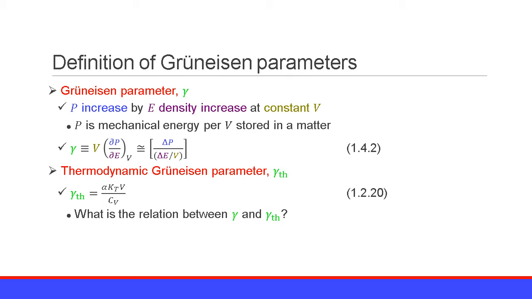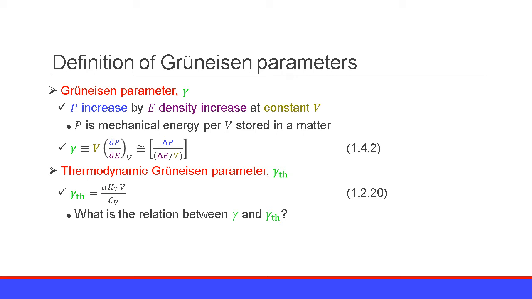Why do we say not simply the internal energy, but the density of the internal energy? The internal energy E is an extensive variable, namely its magnitude depends on the size of the matter.